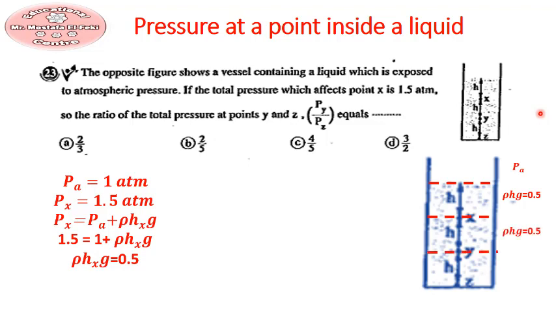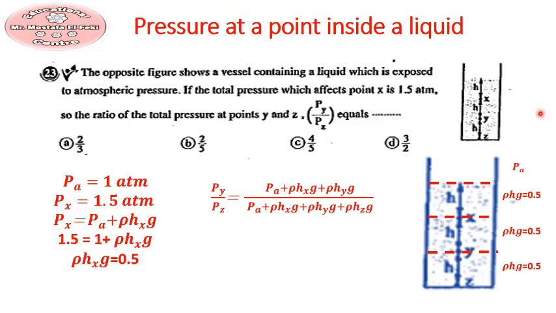Also the pressure above the point Y of the same height h equals 0.5, and the pressure above the point Z equals 0.5.